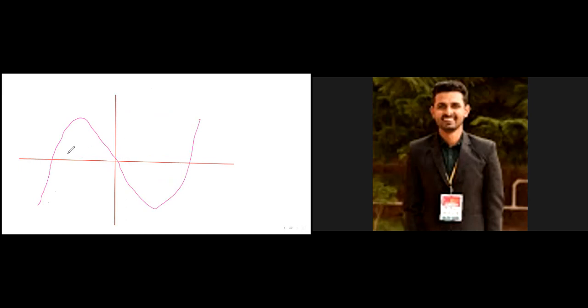Okay, this is at minus 2 comma 0, this is minus 1 comma 3, and 1 comma minus 3, and this is 2 comma 0. This is the y-axis and this is the x-axis. And can anyone tell me how many zeros in this graph? How many zeros?